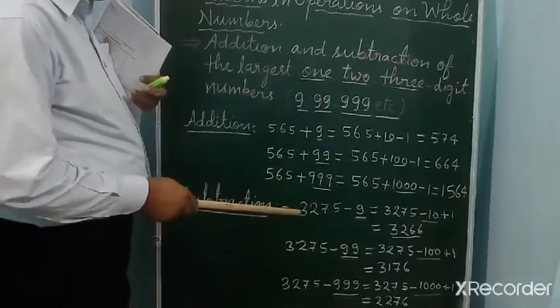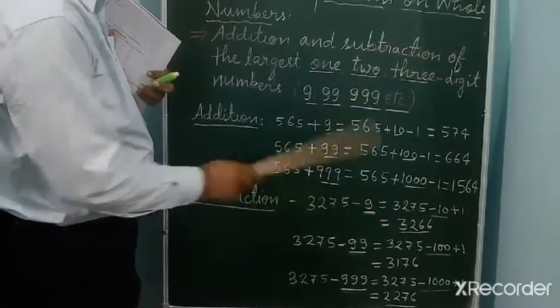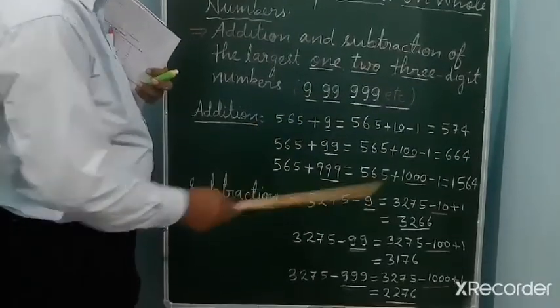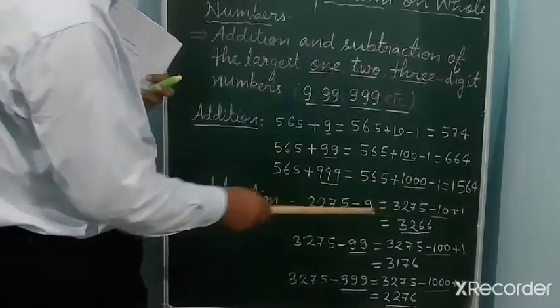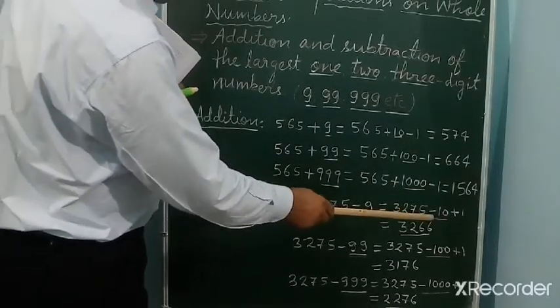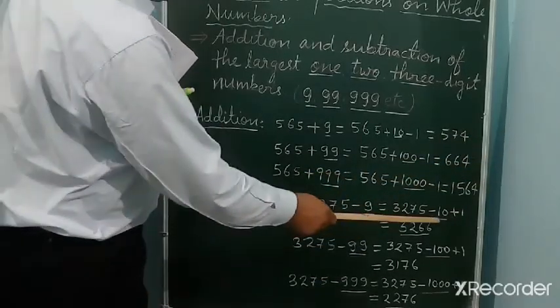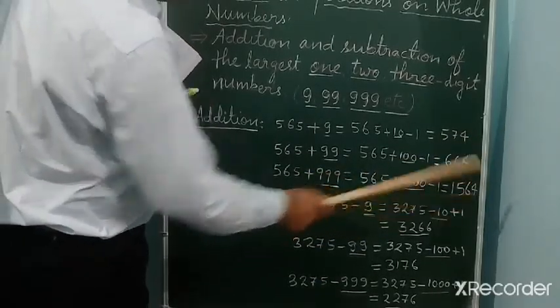I am taking 3275 minus 9. First, the largest number is 9. So you can write this minus 9 as 3275 minus 10 plus 1. It is the subtraction pattern. So minus 10 plus 1.